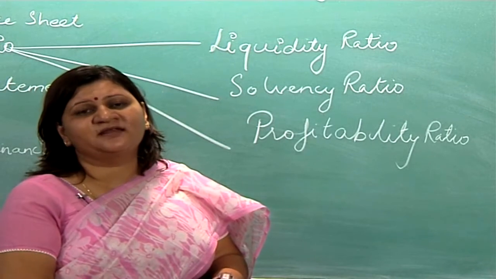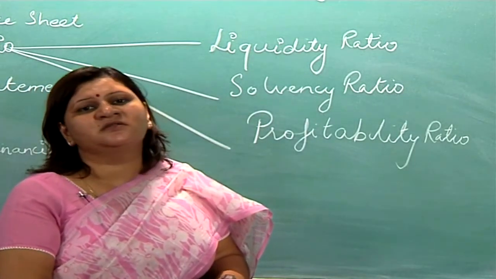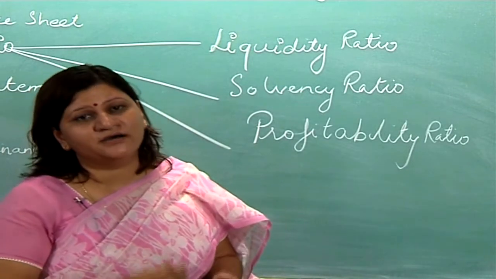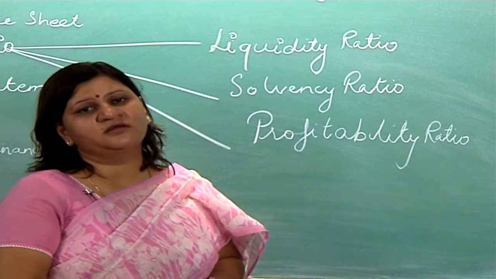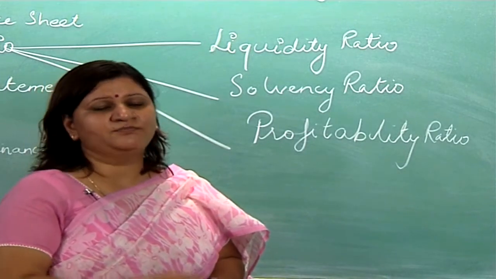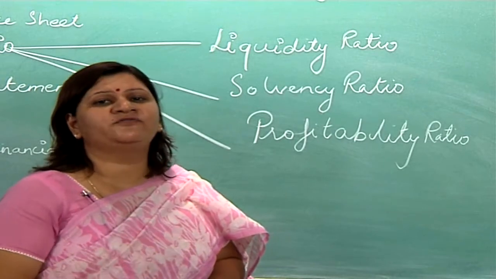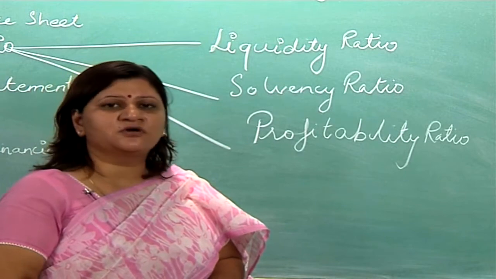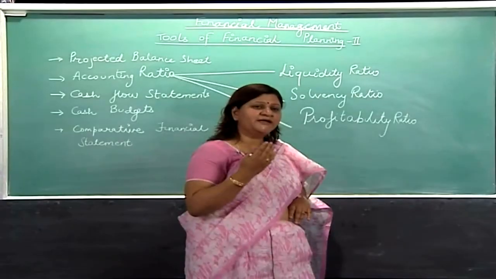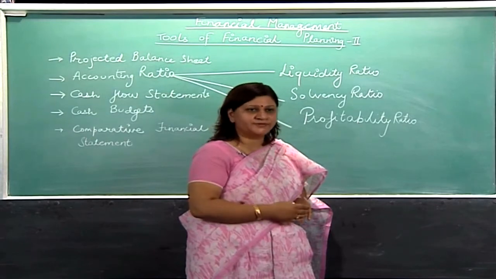Profitability means whether by carrying out the business operations the firm is able to earn revenues or not, whether the venture is able to earn or fetch money from the investment it has made. It denotes the operational efficiency of the firm.